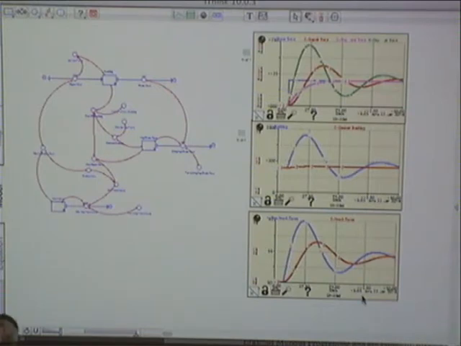So let's go around the circle and see what happens. What happens is that the order rate steps up. The repair rate is in the beginning just down at this level.